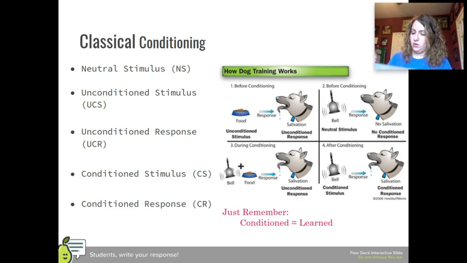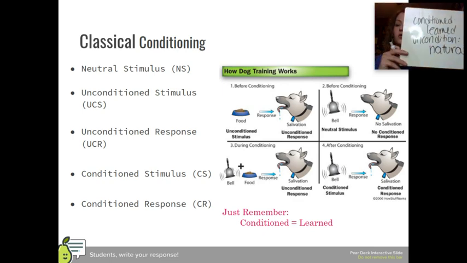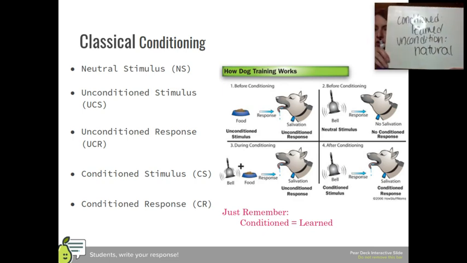Okay, so conditioned means it is learned, while unconditioned is like unlearned, but that doesn't mean you unlearned it. It means that it was natural. It was a thing that you naturally do. So conditioned means learned.